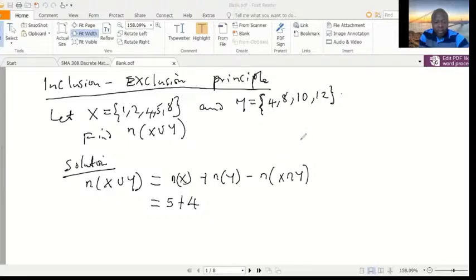The intersection of X and Y has two elements, 4 and 8, the elements common to these two sets. So that means the number of elements in the union will be 9 minus 2, which is 7.